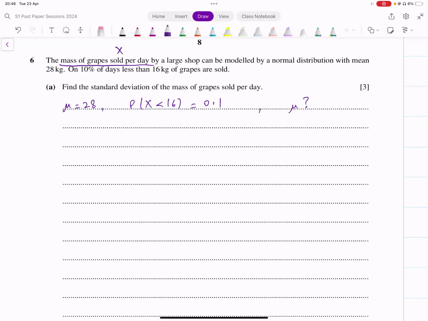This is an inverse normal problem. Why? Because we've got the mean given, we've got this value of X given, we've got the probability given, and we've got something missing in the data. Standard deviation is missing. We need to find that standard deviation. So this is inverse normal. So let's just use the standard inverse normal process, and that will give you the value for standard deviation.